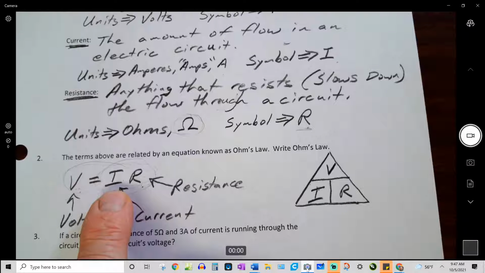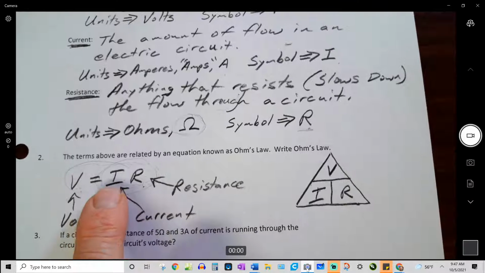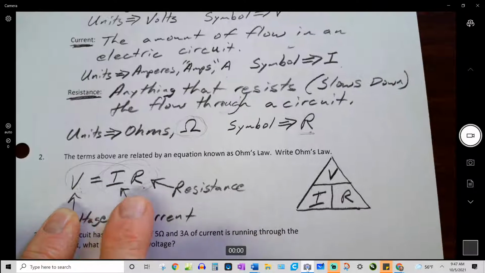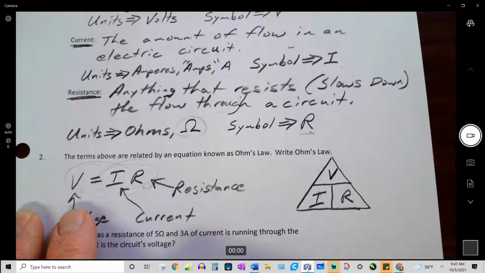Can anybody tell me how you would do that? You wouldn't subtract R. Divide by R. So if you divided both sides of the equation by R, then when you divided the right side by R, the R's would cancel out. And over here you get V over R. So the answer is I equals V over R.